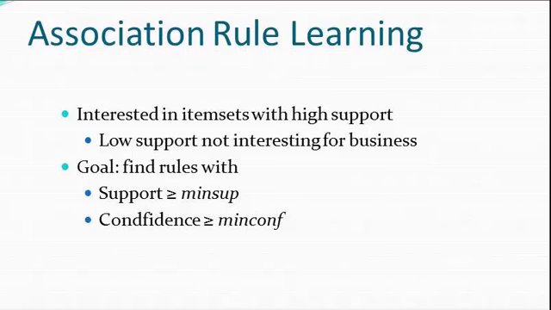You don't compare against the whole transactions. You only compare the precondition set. If this happened, how many times did the other one also happen simultaneously? They don't have to be together the same.